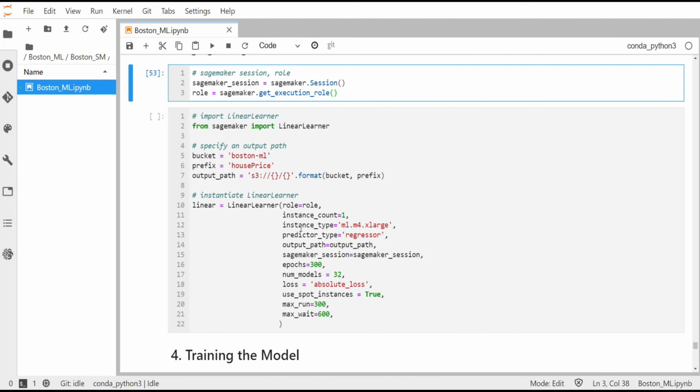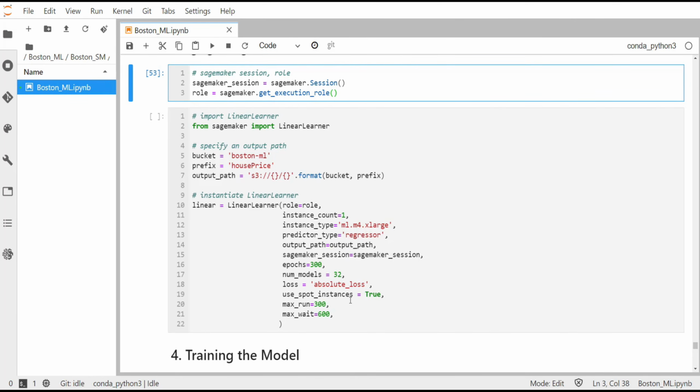The instance type we will be using to train the model is ml.m4.xlarge. The predictor type is linear regressor. The output path is the same as defined in line number 7. SageMaker session is the current SageMaker session. We will be using 300 epochs to train the model with a total of 32 different models being trained in parallel.